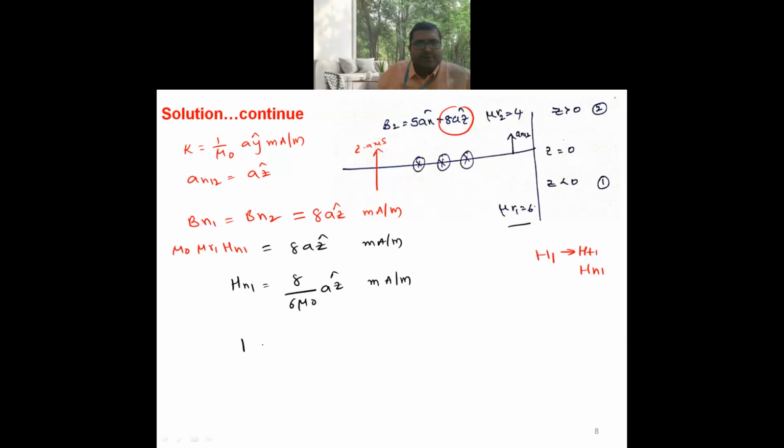Now the value of Hn1 is equal to 1.33 by mu naught az cap milliamperes per meter. Hn1 is over. In the next PPT, we are going to calculate HT1.